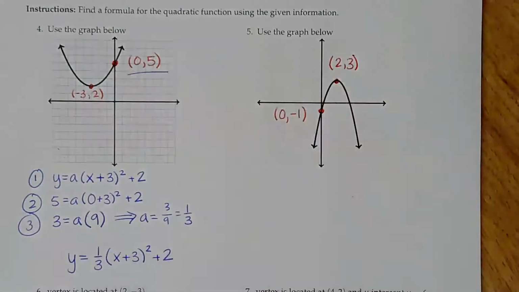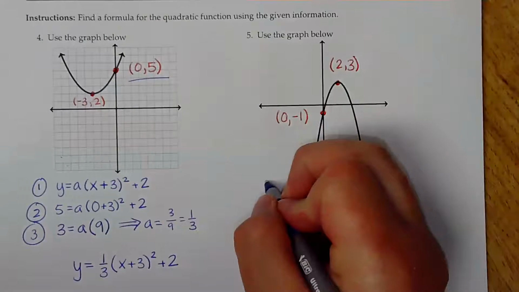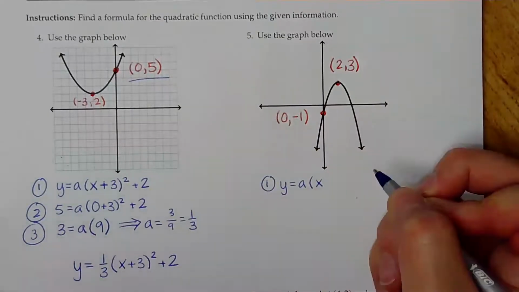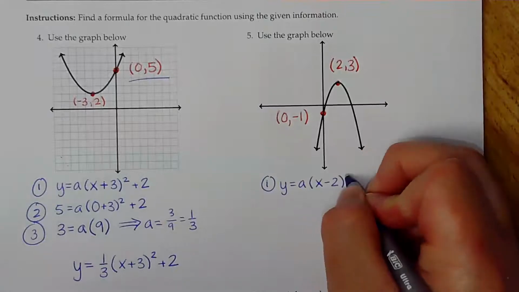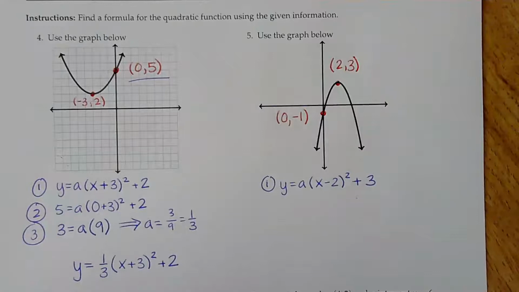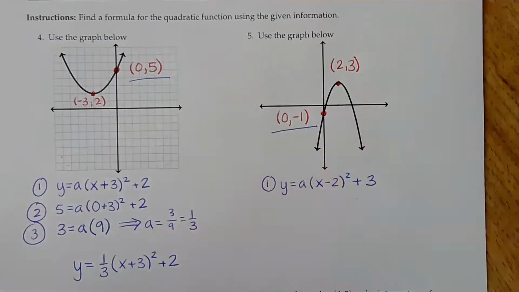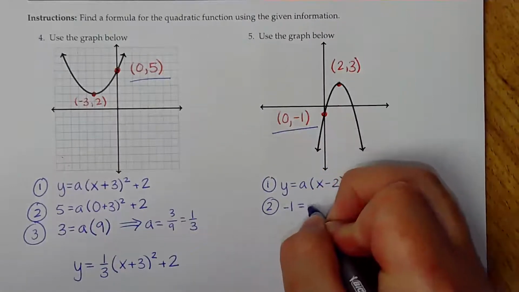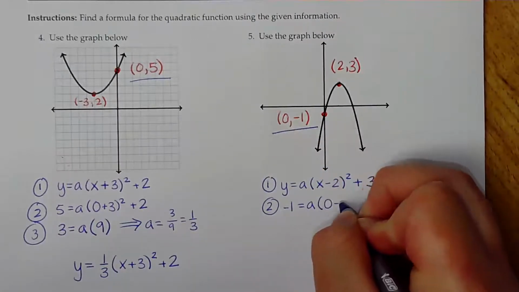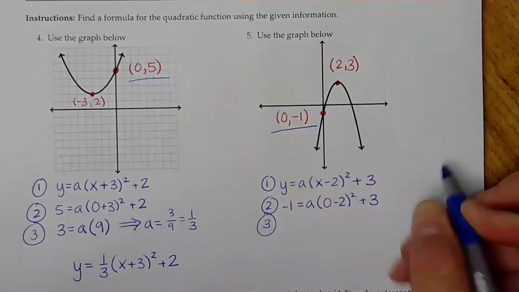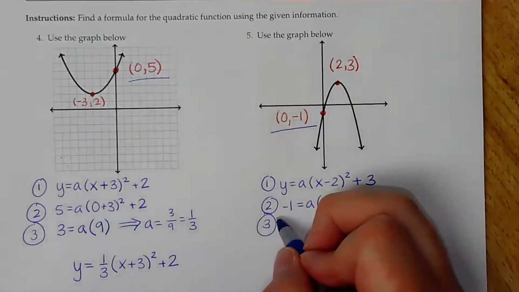And then I'm ready to plug my vertex in. So I have y = a(x - h), so x minus 2, squared, plus k, so plus 3. And then I'm going to plug in my point for x and y. So I have -1 = a(0 - 2)^2 + 3. And I'm going to subtract the 3 back over to this side.